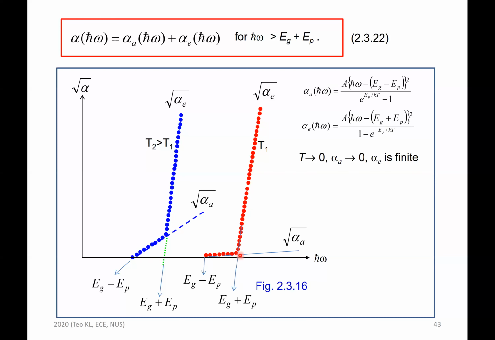So by extrapolating to the absorption curve equals 0, you can have two equations. So imagine you set absorption equals to 0. So this term multiplied by 0, you rearrange the term, and you would have the photon energy, h bar omega equals Eg plus Ep.